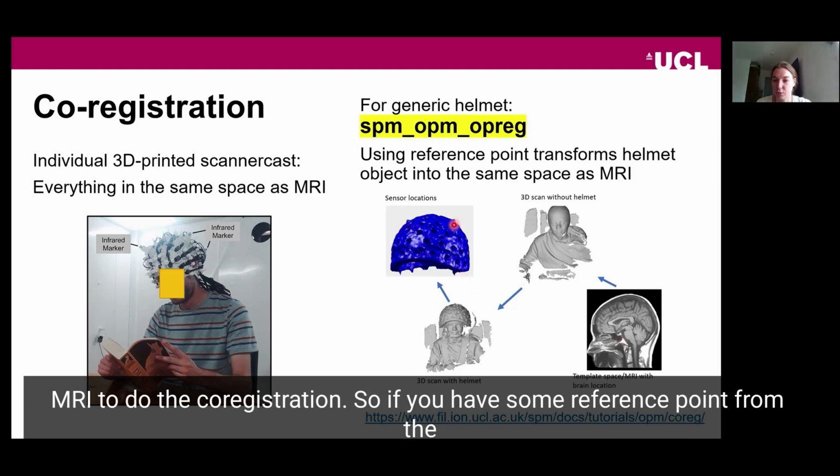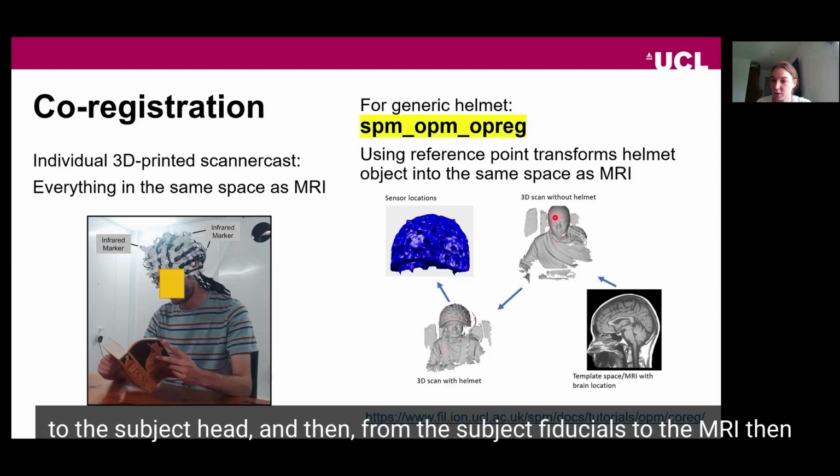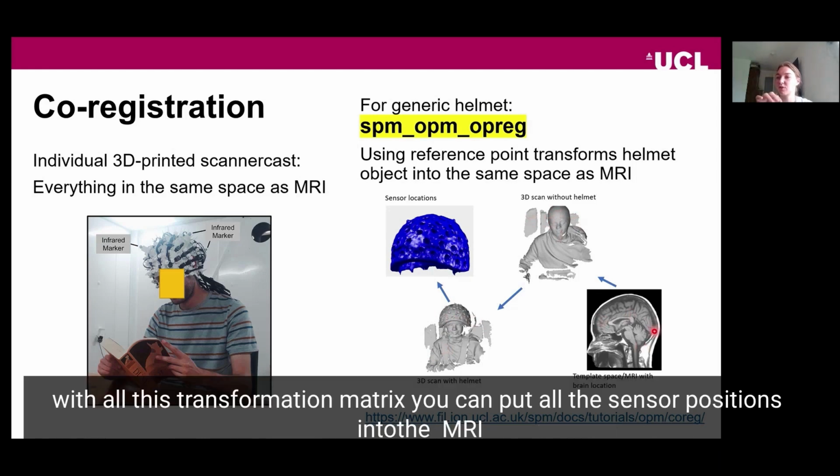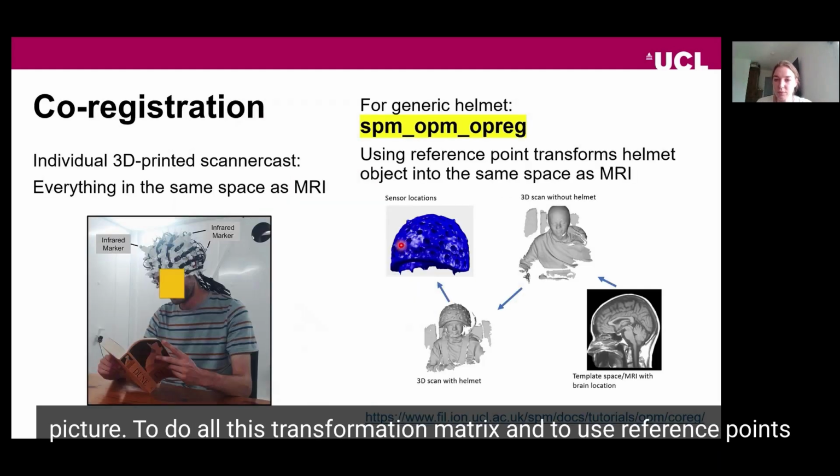So if you have some reference points from the helmet to the helmet on the subject, and then from the helmet on the subject to the subject's head, and then from the subject's fiducials to the MRI, then with all these transformation matrices, you can put all the sensor positions into MRI space, and then SPM OPM create will give you a correct picture.